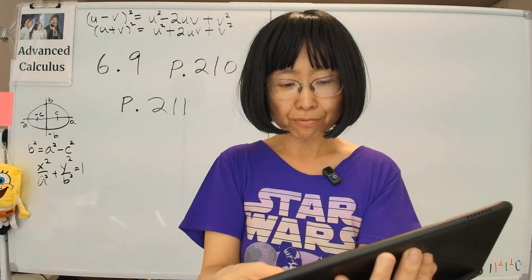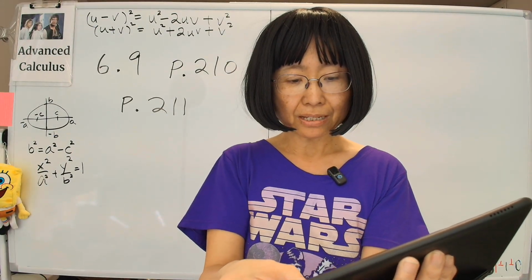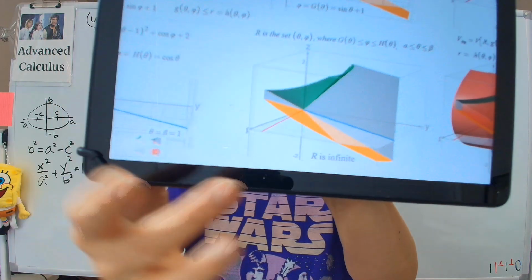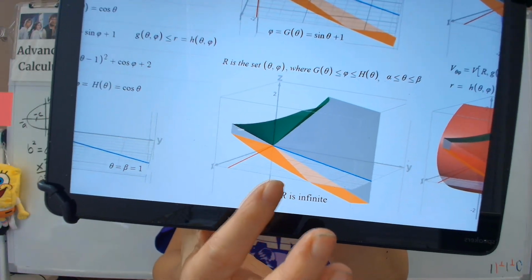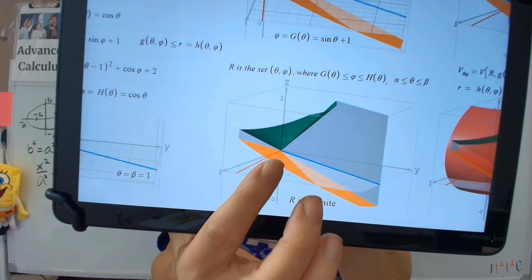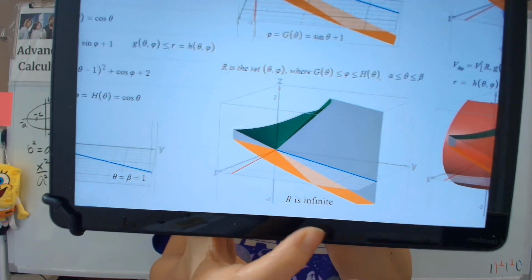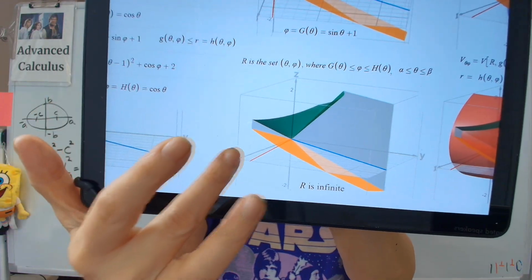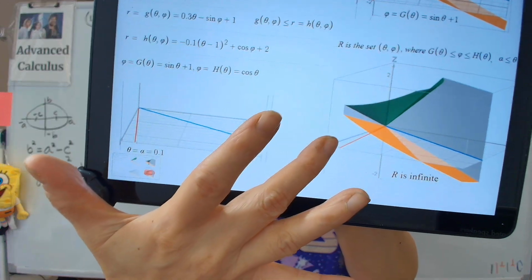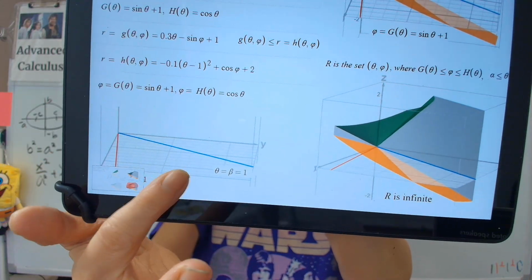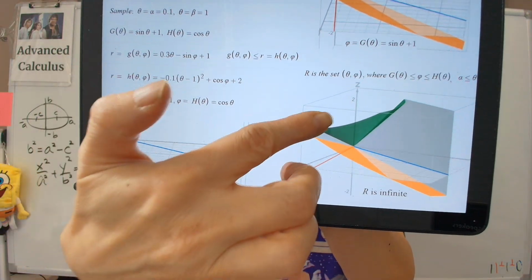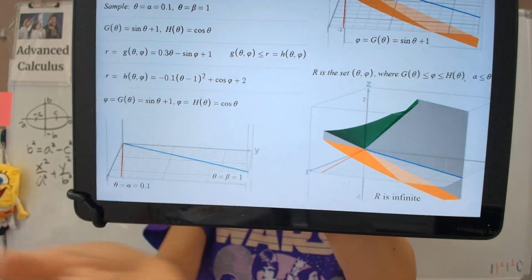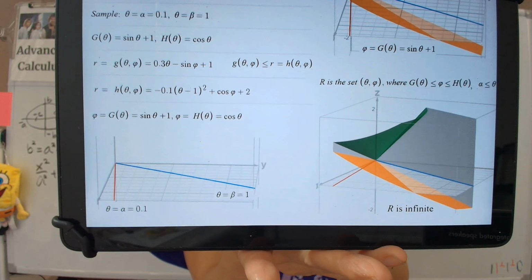Now, basically, that means here's the region R. Theta varies between alpha and beta, with the sample we have right here. Here's theta, it varies here. And then phi is varying between those two surfaces, the green one and the orange one. Together, R is this region, as you can see.